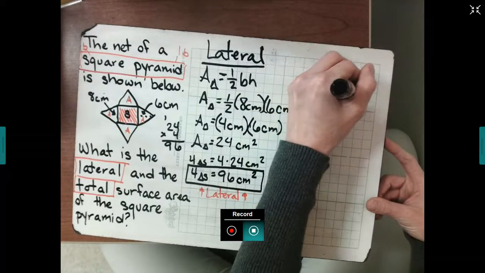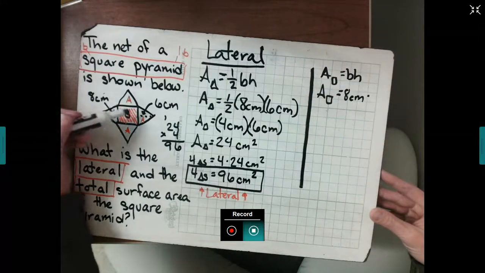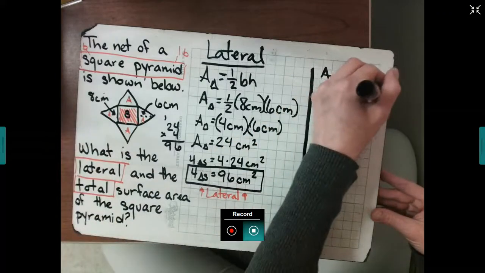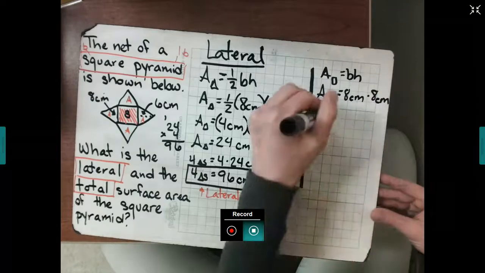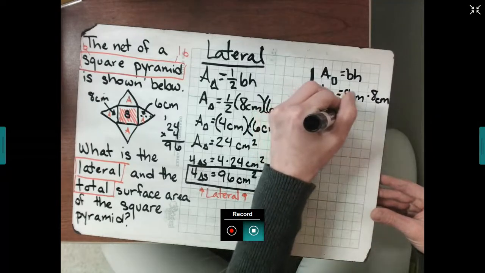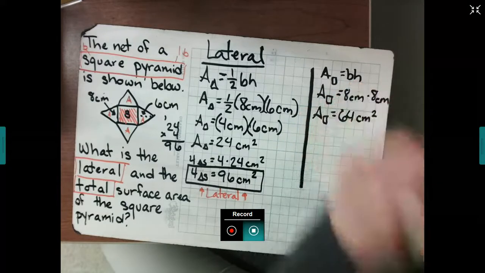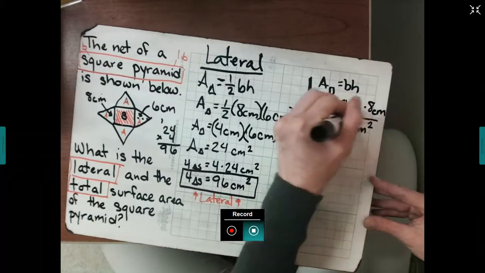My base is 8 centimeters, and my height, since it's a square, all edges are the same distance, so my height is 8 centimeters as well. Now I multiply. 8 times 8 is 64, and again, this is centimeters squared. So that is the area of my base.